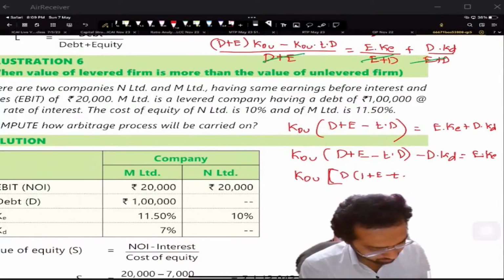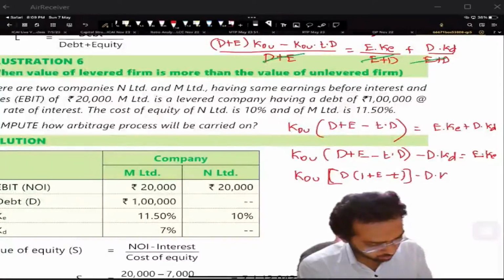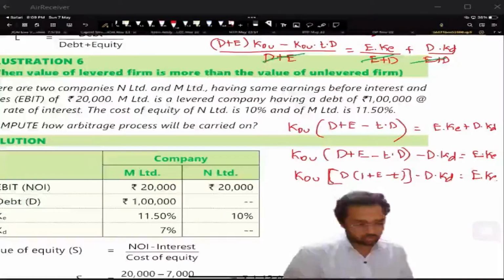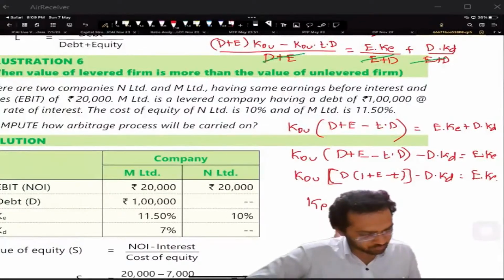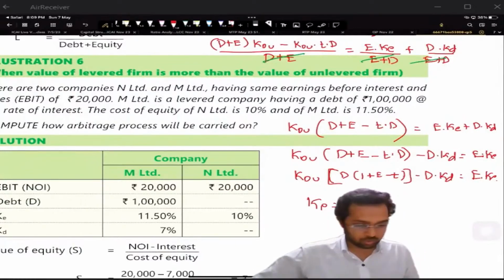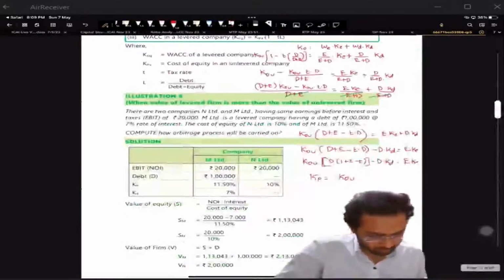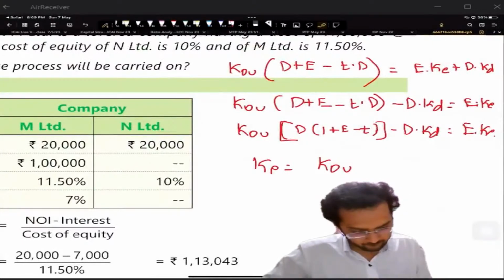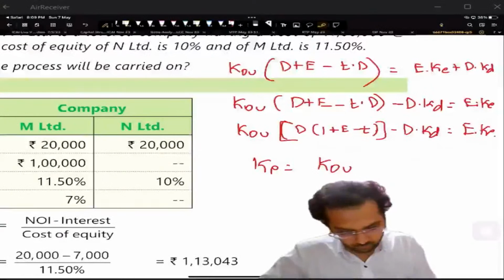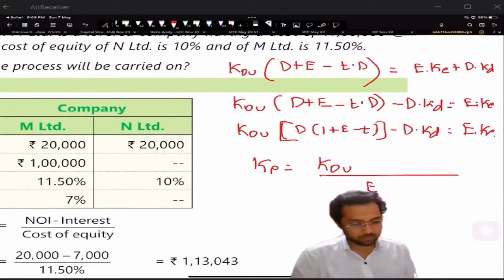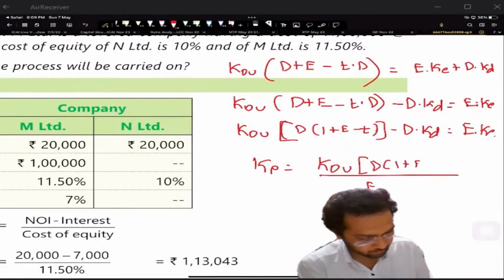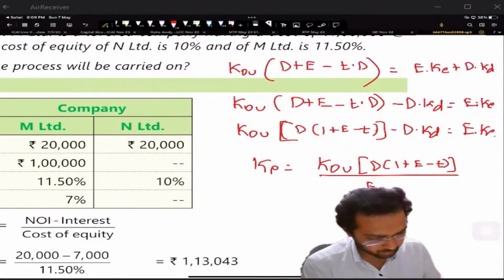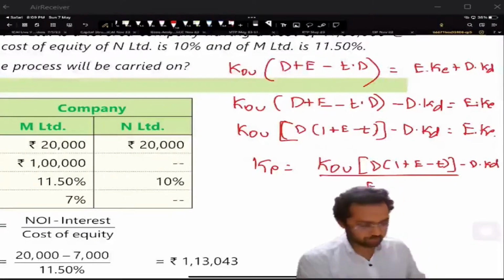Or rather, we'll just have minus T because we're taking entire debt common minus debt into KD is equal to equity into K. So if you take K is equal to unlevered, the overall cost of capital, this divided by equity, and inside you have debt into 1 minus T. And further from this minus D into KD.